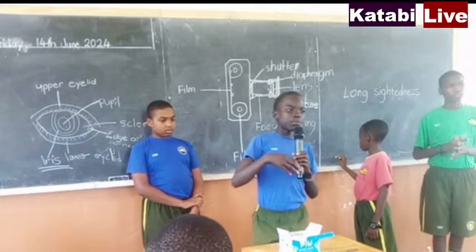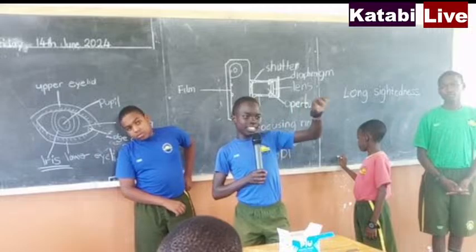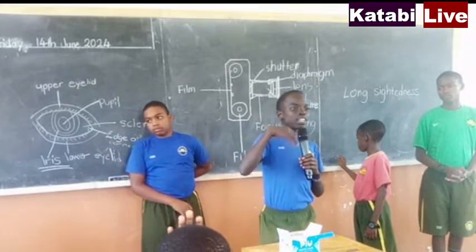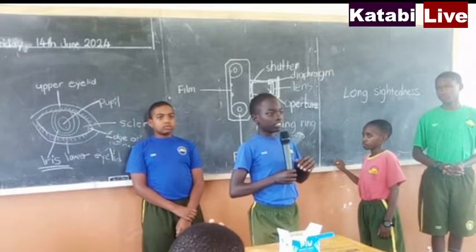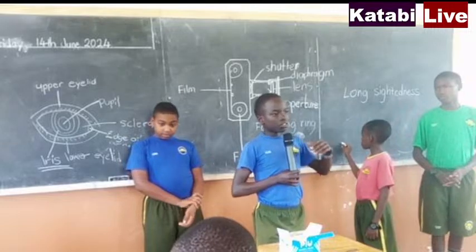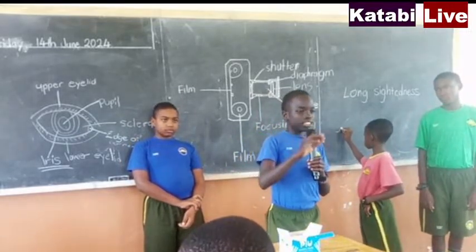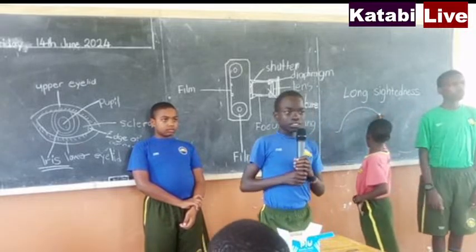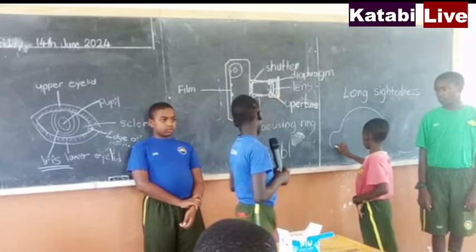Like for example, when somebody is far from me, I cannot identify that person clearly. I may not know who that is. When I experience that, I should just know that I have short-sightedness. So what causes short-sightedness?